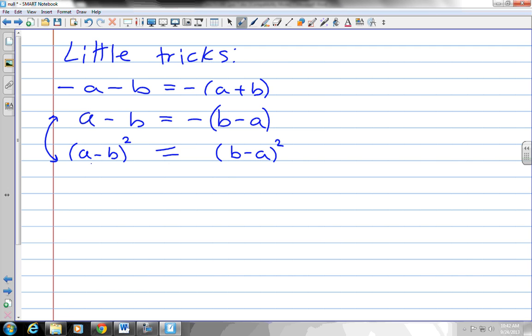Another way to see that: we know this is a squared minus 2ab plus b squared. This is our formula. While the other one is b squared minus 2ab plus a squared. So they're actually the same. One has a squared up front, the other has b squared up front, but they're the same expression. So just keep that in mind.